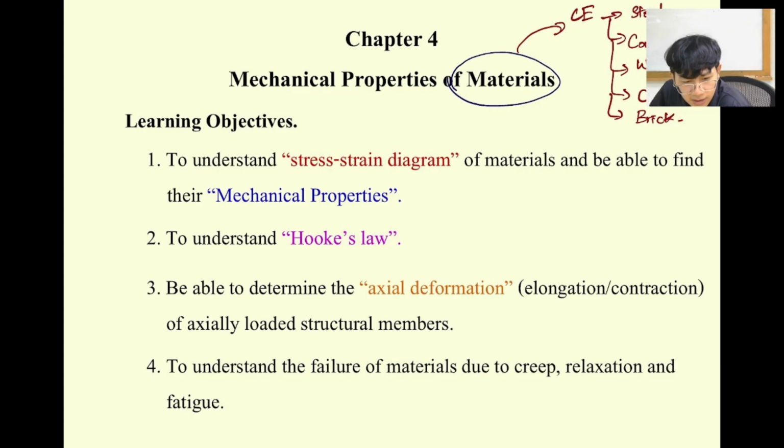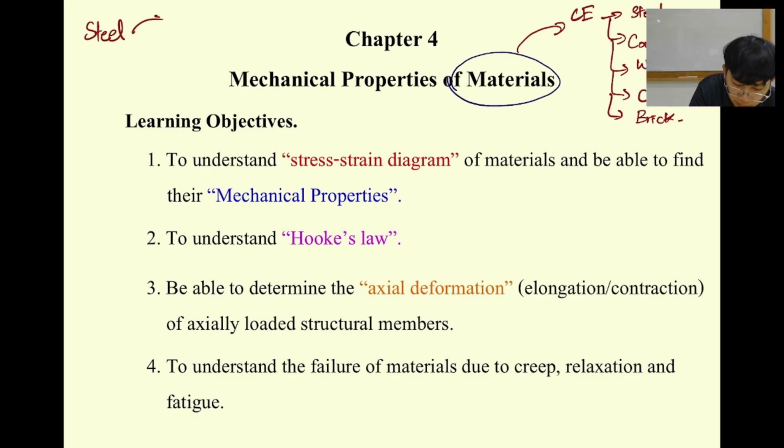If we talk about steel only, because we mainly focus on steel, there are many types of steel. For example, we have structural steel and reinforcement steel, which we're going to use most of the time.